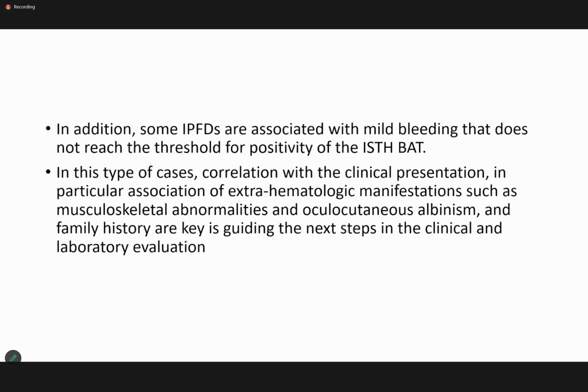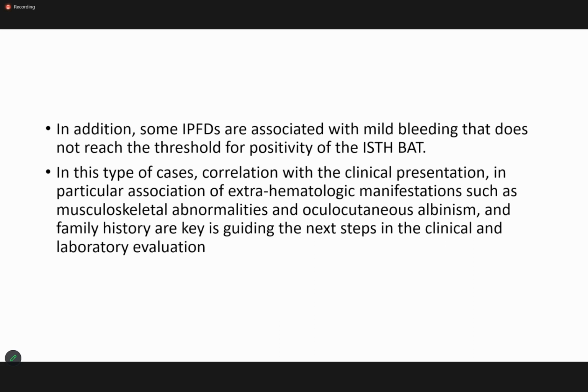Okay, all right. In addition, some of the inherited platelet function disorders are associated with mild bleeding that does not reach the threshold for positivity of the ISTH bleeding assessment tool.